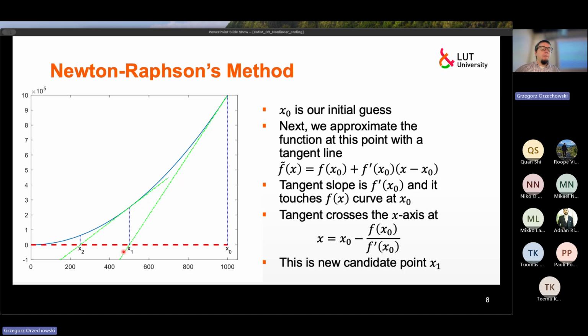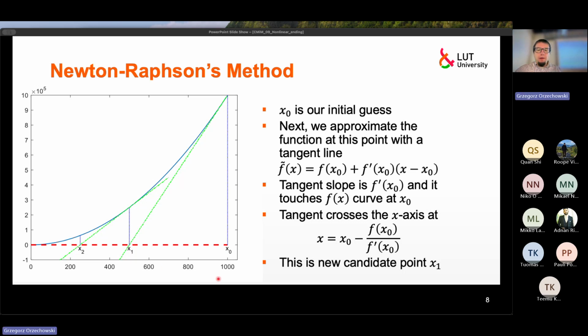It's somewhere there, so we just repeat the procedure. Again, we treat it as a new initial point, find the value of the function, approximate with the tangent, find another point, and treat this point again as our initial solution, and we repeat until we get to zero.